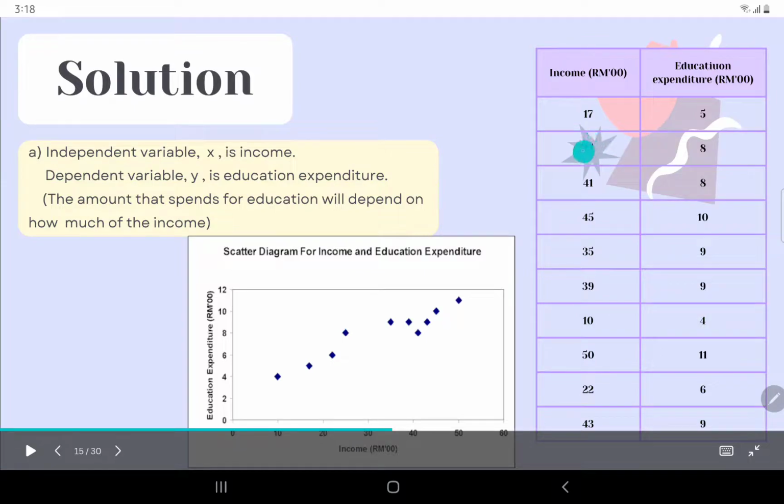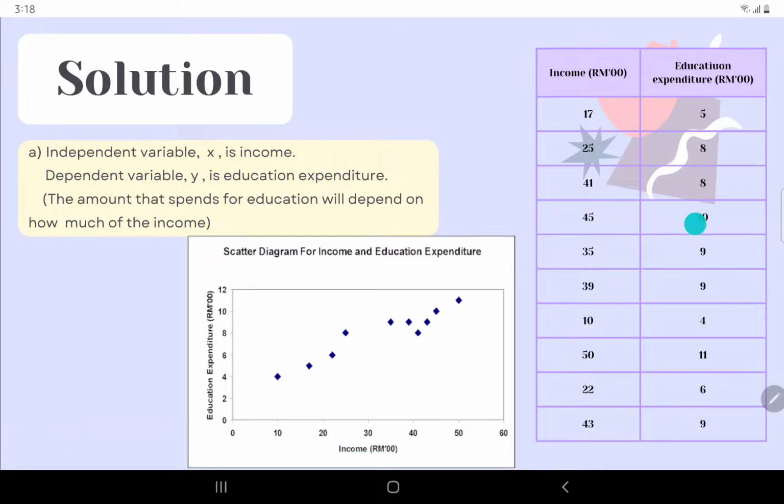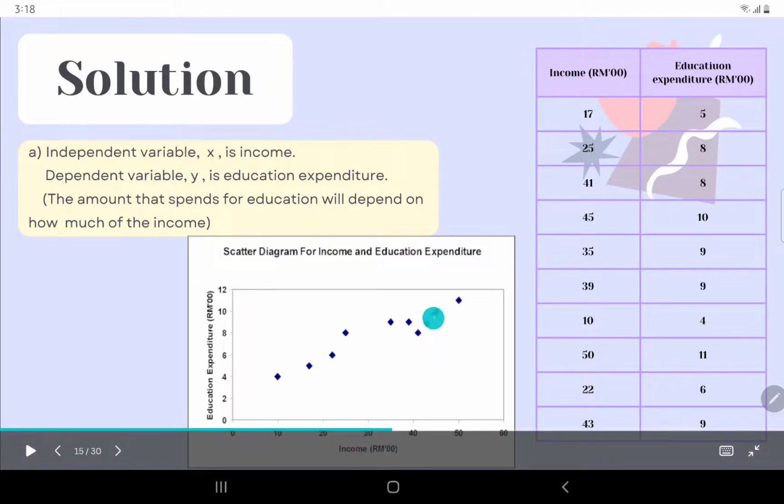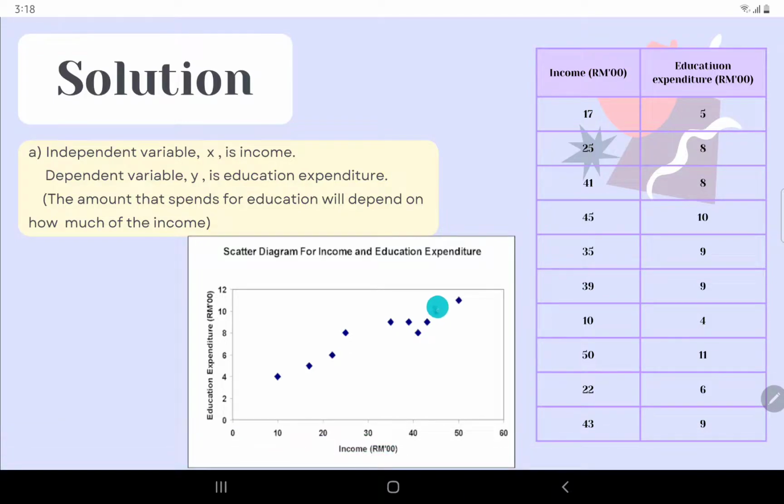And then second one, 25, 8. So 25 is here, so 8 dekat sini. And then 41, 8 dekat sini. Next 45, 10 is here. 35, 9 is here. 39, 9 is here.